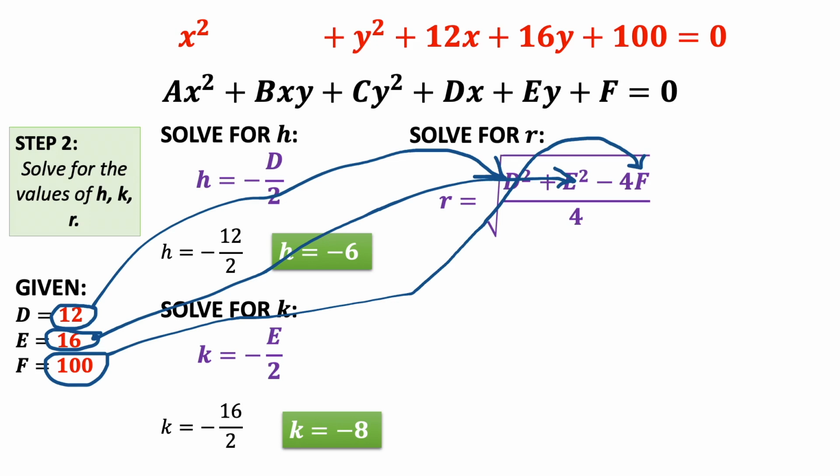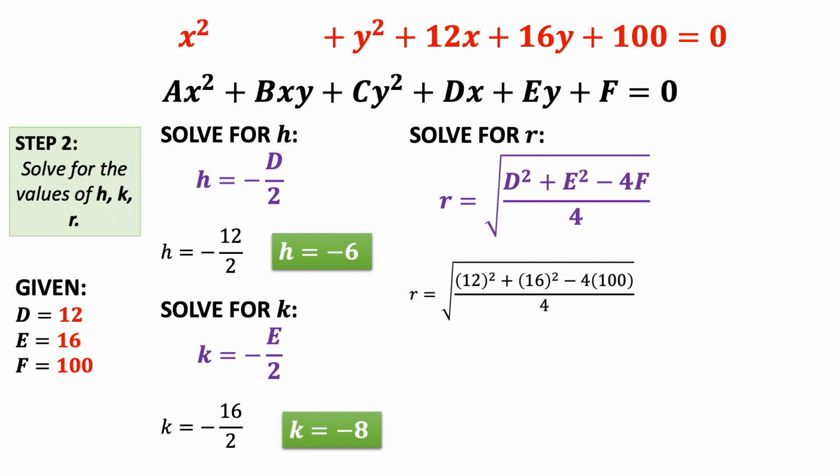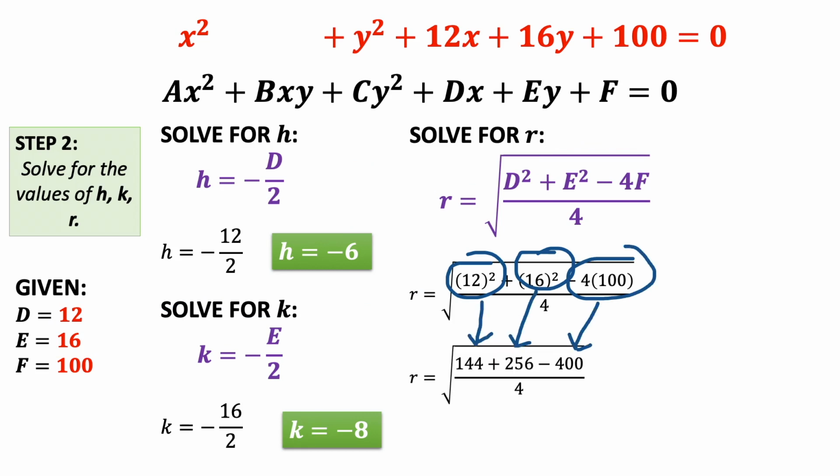The equation will become r equals square root of quantity 12 squared plus quantity 16 squared minus 4 multiplied by 100 all over 4. Simplifying this will give us r equals square root of 144 plus 256 minus 400 all over 4.